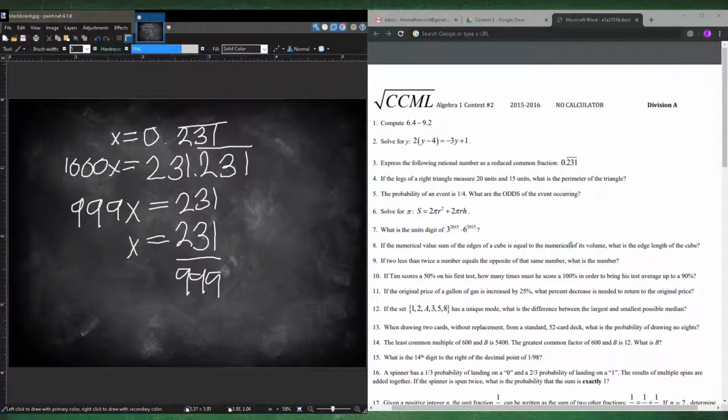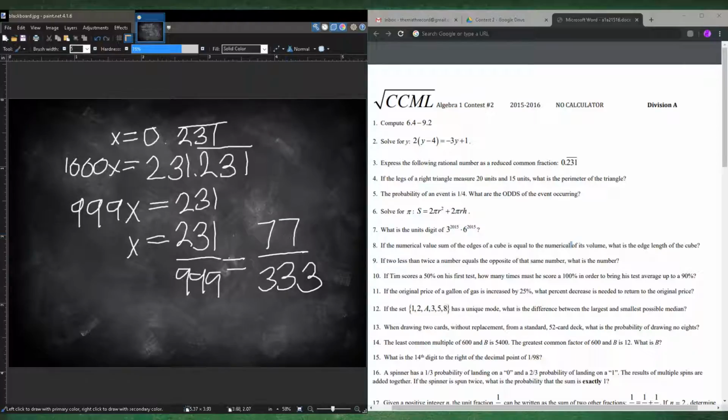So 231, divide that by 3, you get 77. I know it's divisible by 3 because 2 plus 3 plus 1 is 6, a multiple of 3. So 999 divided by 3 is 333, and this one's 77 over 333.